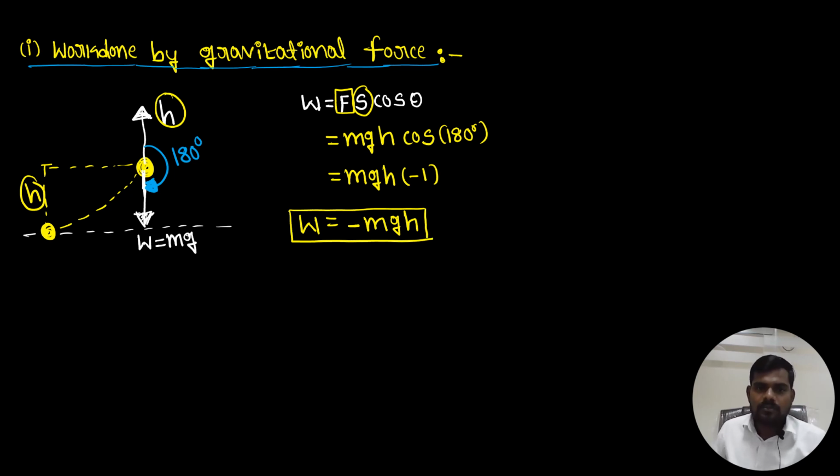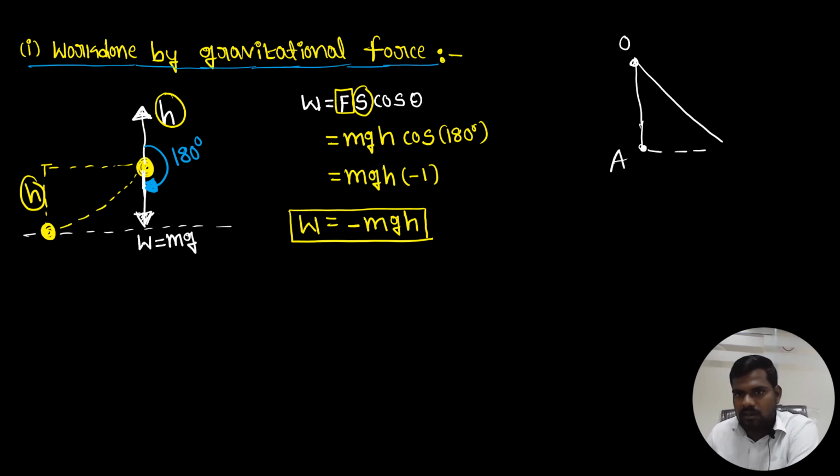Right. So I want to find h. Suppose they sometimes ask for the h value also. In the previous diagram we can observe that this is the point O, this is the point A, and this is the point C. So this is L minus H. If you see the previous diagram, this is L minus H, the length of the string is L, and this is the angle theta.